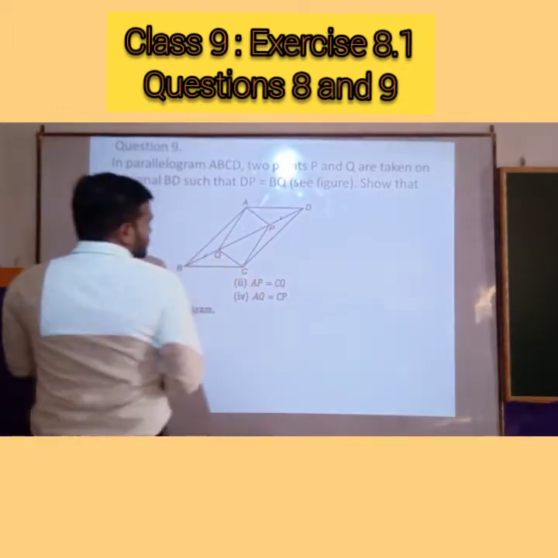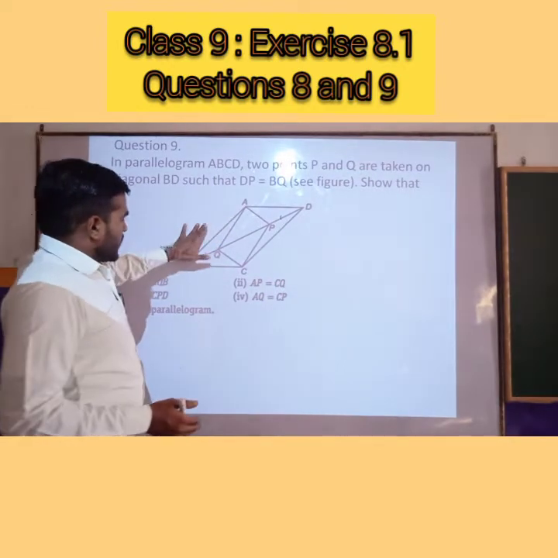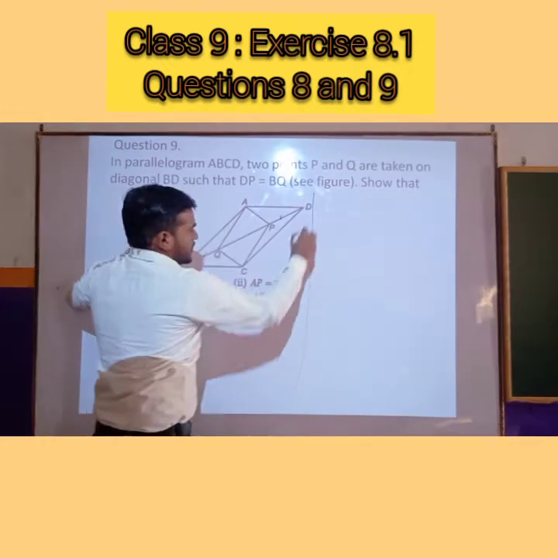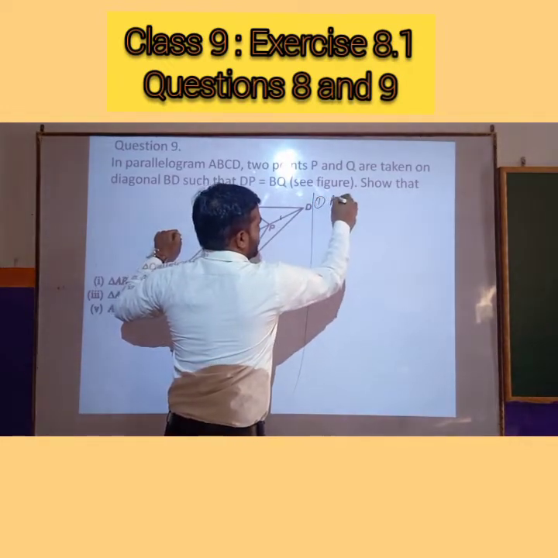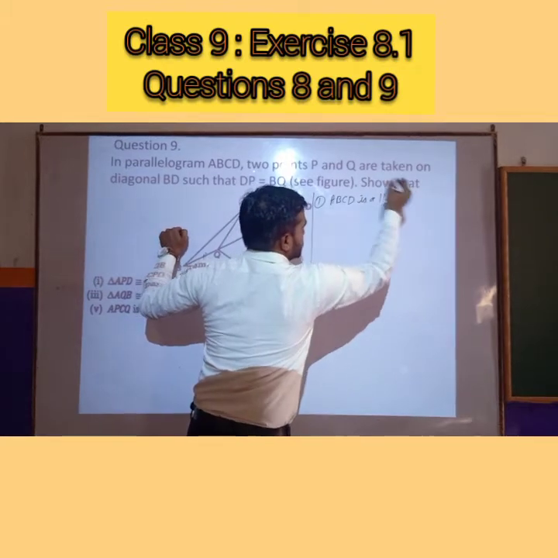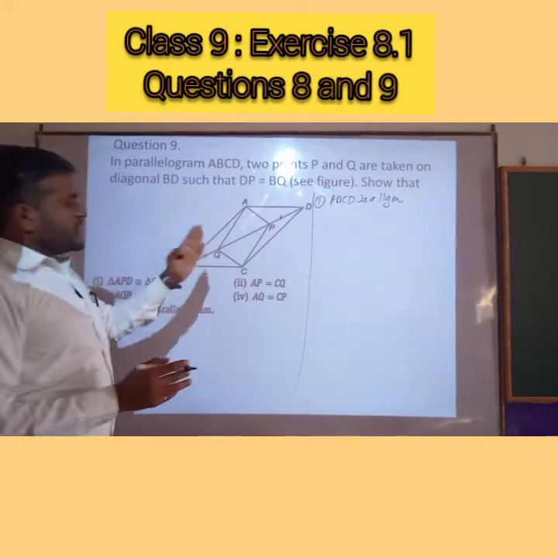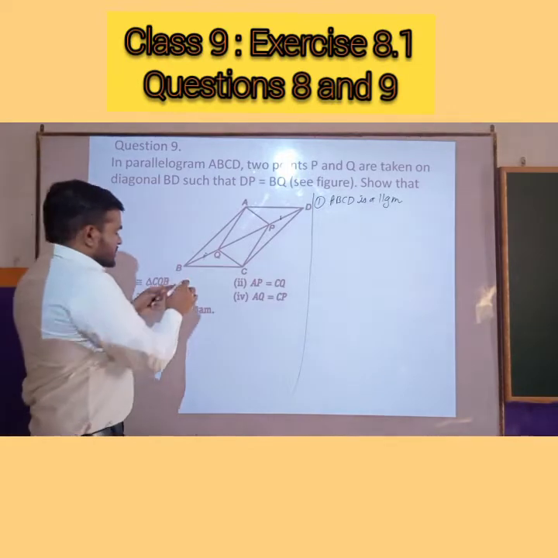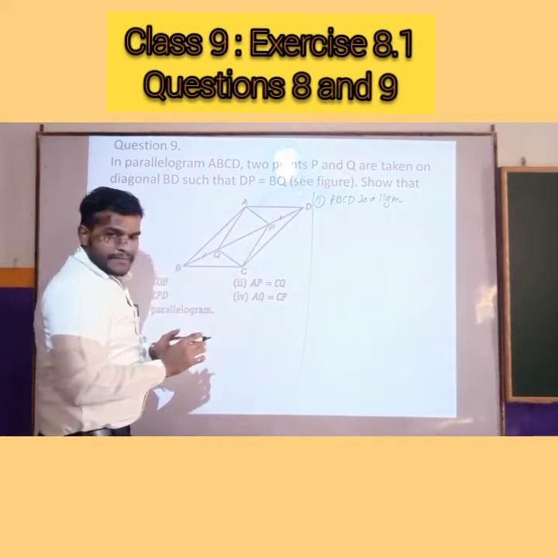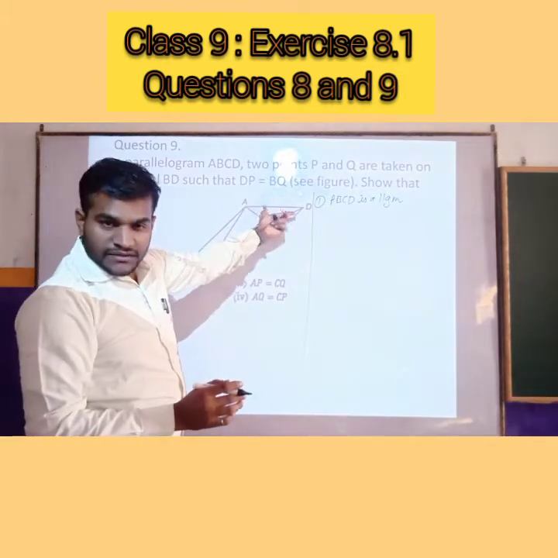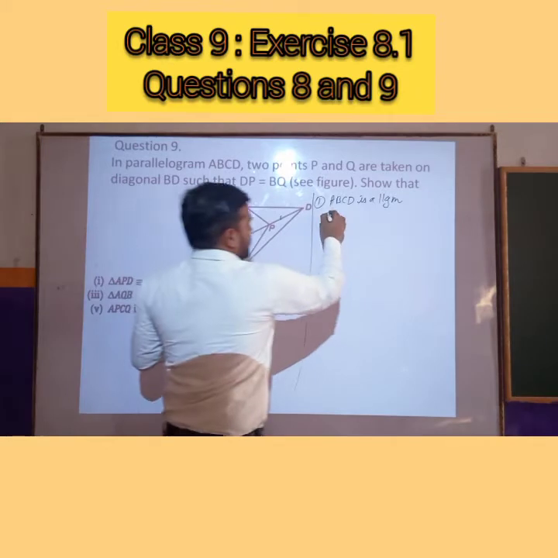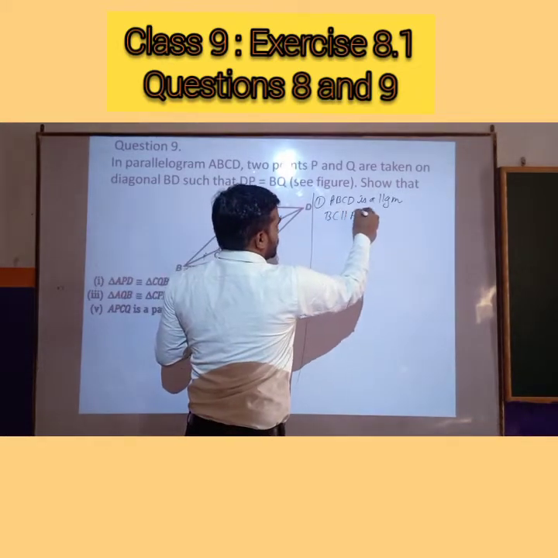So children, here ABCD is a parallelogram. Given that ABCD is a parallelogram, then BC is equal to AD, and BC is parallel to AD.